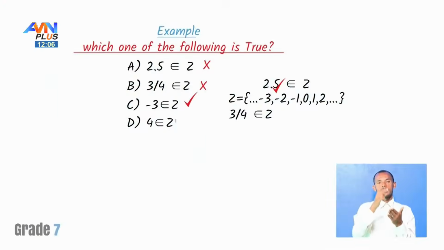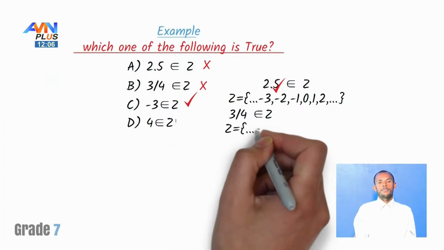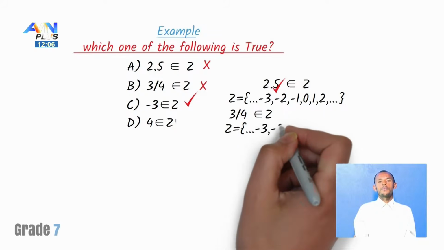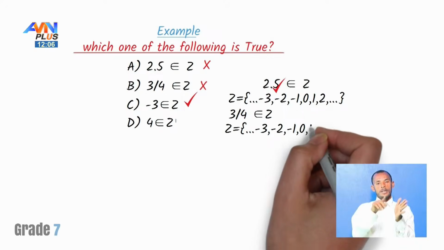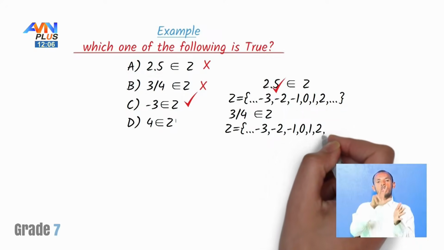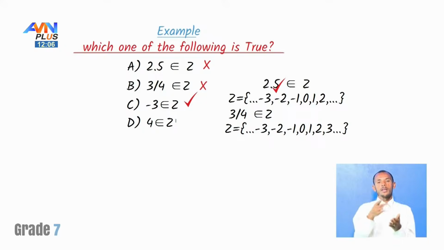In the set of integers -3, -2, -1, 0, 1, 2, 3, and so on, this part is what we said earlier is the positive integers.